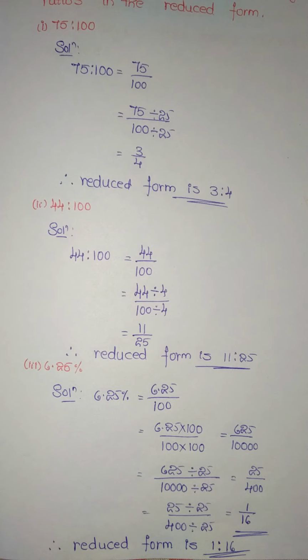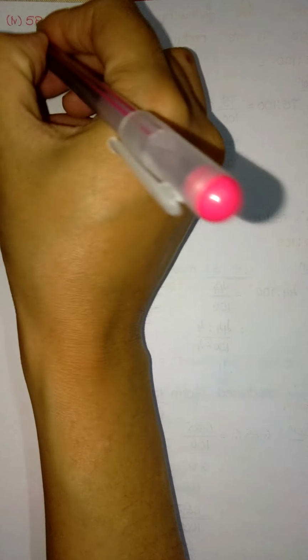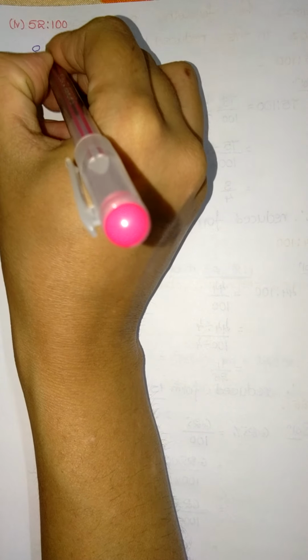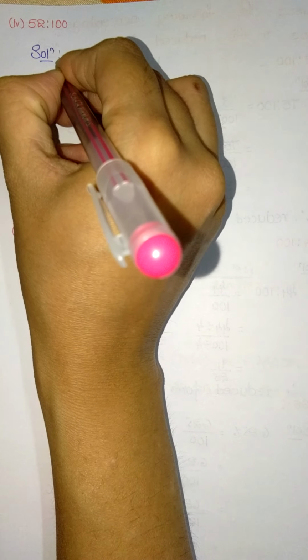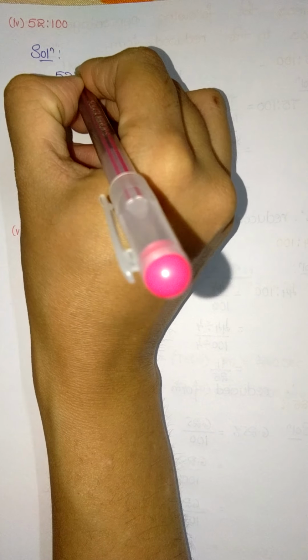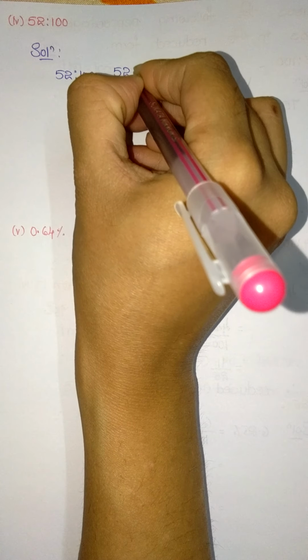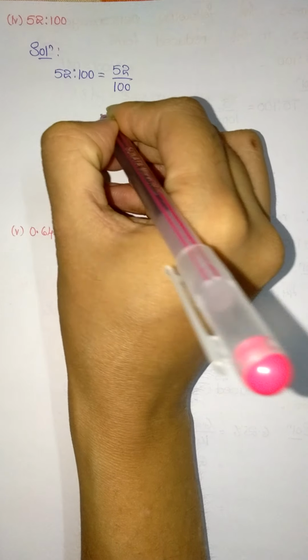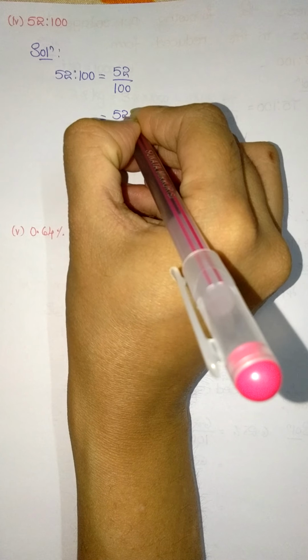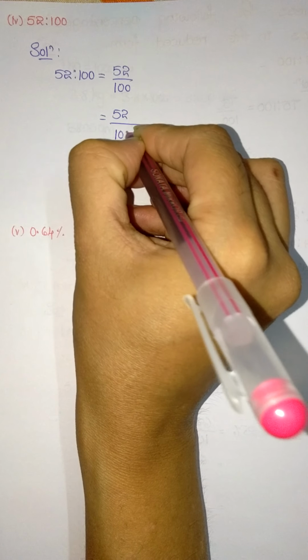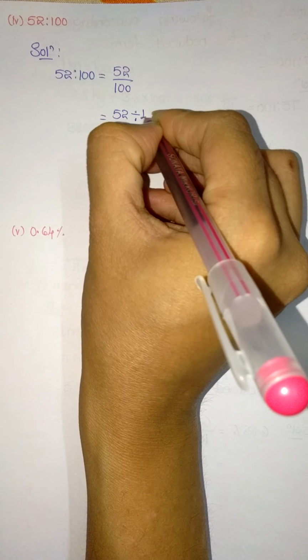Next move on to the question number 4. So here 52 raised to 100. So we can write this 52 raised to 100 as 52 by 100. So we can divide this 52 and 100 by 4. दोनों को हम लोग 4 से डिवाइड कर सकते हैं.